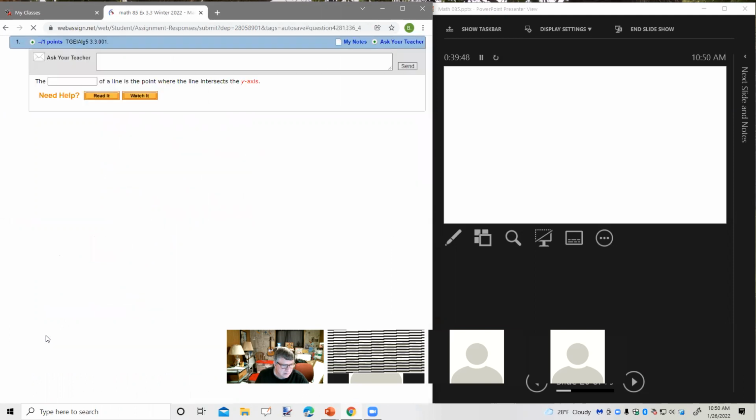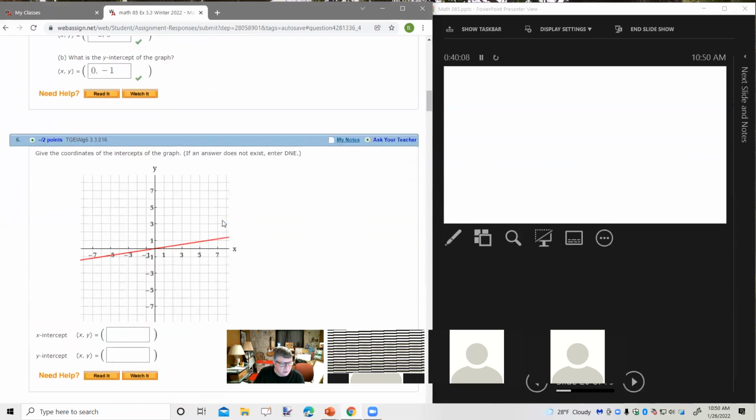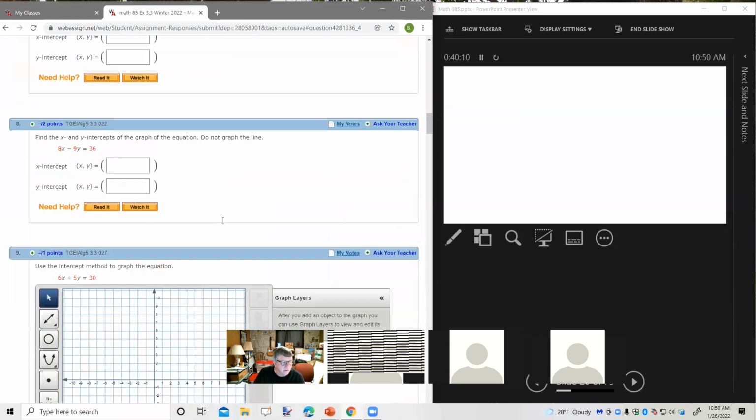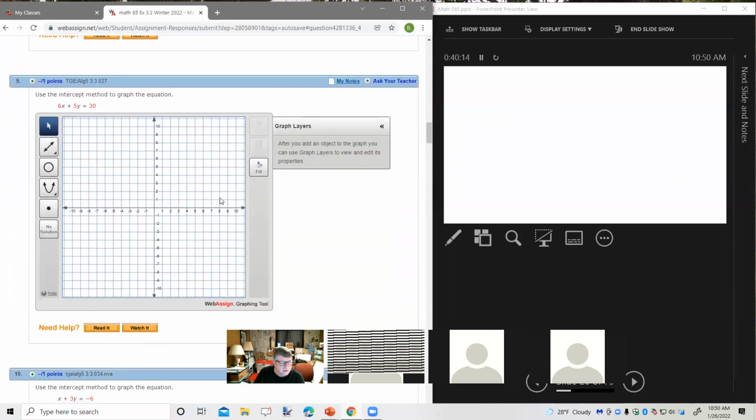Okay, there are some situations where it's acceptable to leave out the 0, but WebAssign is not one of them. So to get it correct, you've got to put in an ordered pair. Any questions about that? Okay. No. Let's see here. These are just doing basically the same thing. Let's take a look at this problem.